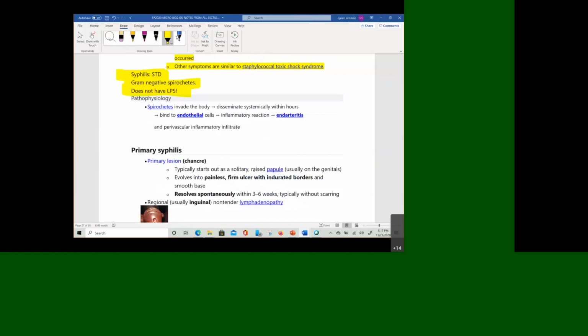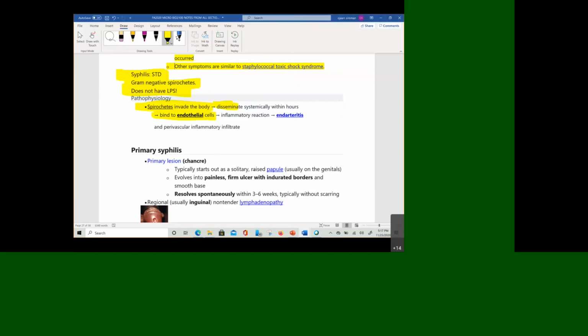So what's the pathophysiology here? First, the spirochete invades the body through its virulence factors. Then within hours, it will spread systemically and bind to endothelial cells. Endothelial cells are the cells inside the blood vessels.